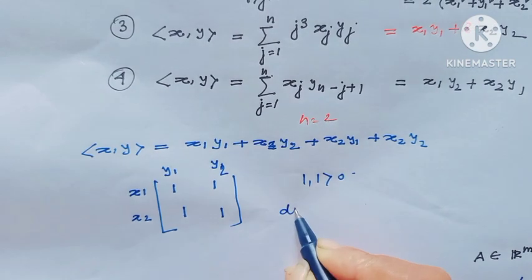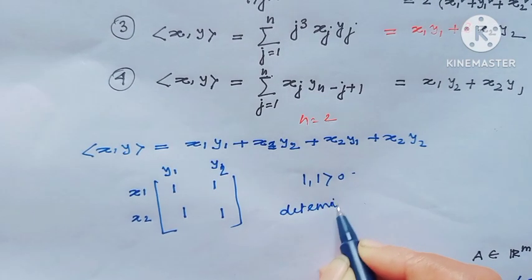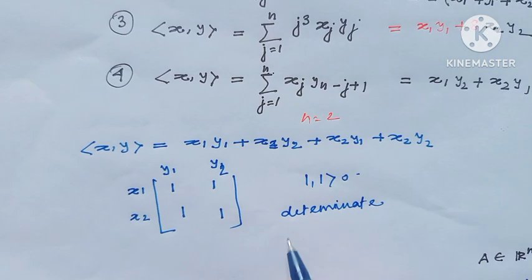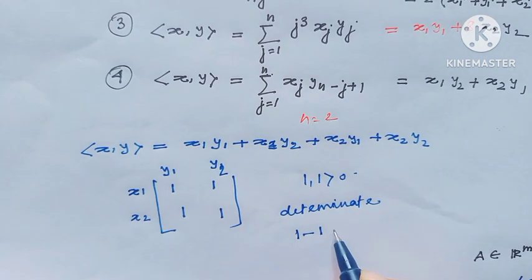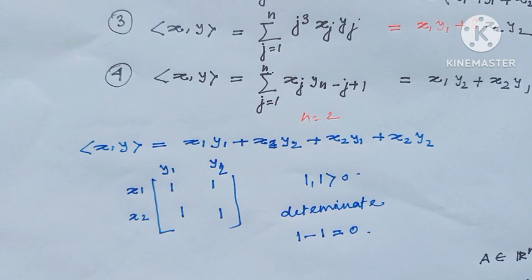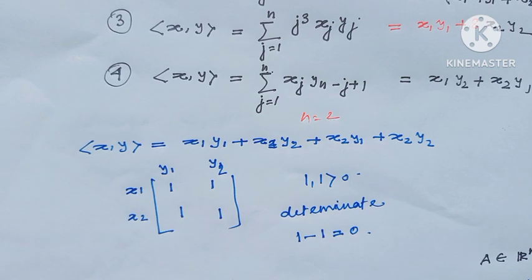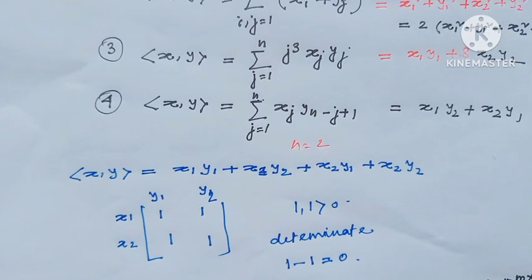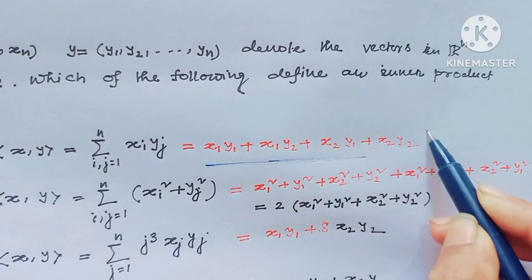And notice the determinant equals 1 minus 1, this value equals 0. Since the determinant equals 0, this breaks the positive definiteness. So by matrix representation we can tell easily this is not an inner product.